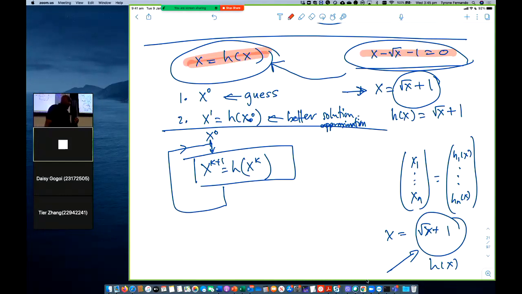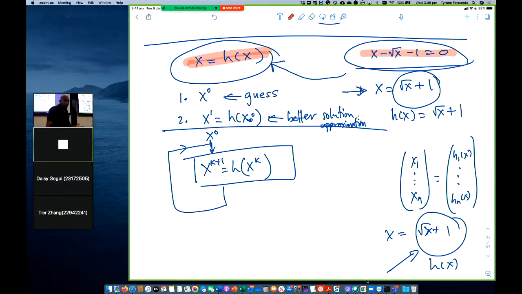So I will write it in the form that is required. The form that is required to use the Gauss-Seidel technique is x equal to h(x). So then I can take that and say x must equal root x plus 1. So the function h(x) is in fact root x plus 1.